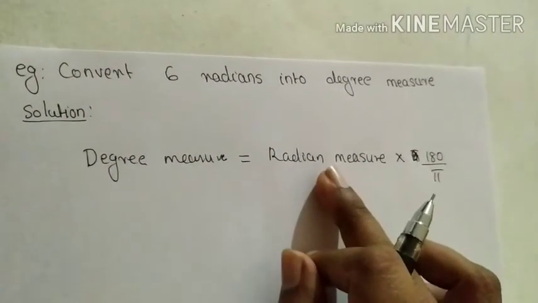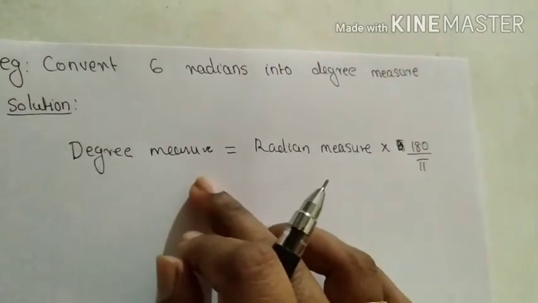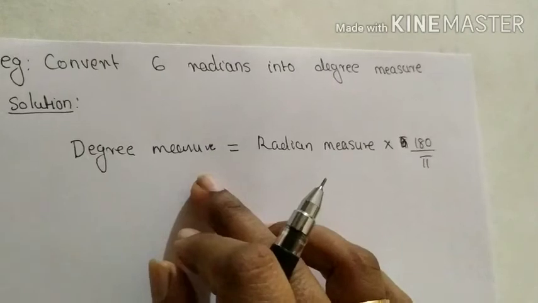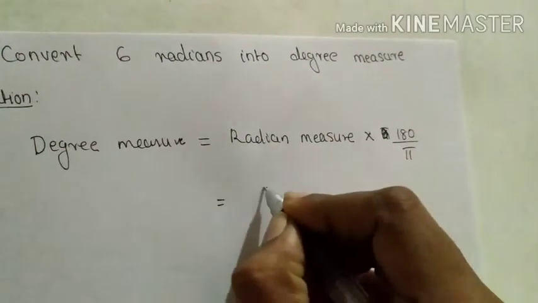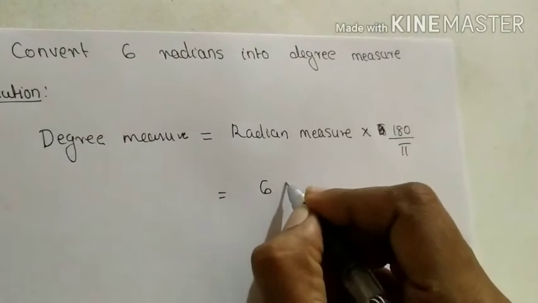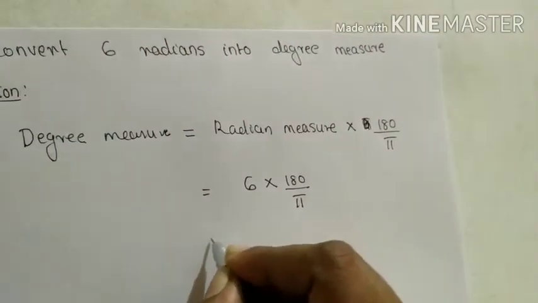Radian measure into 180 by pi is equal to degree measure. So here given that radian measure is 6. So replacing this radian measure by 6, we get 6 into 180 by pi.